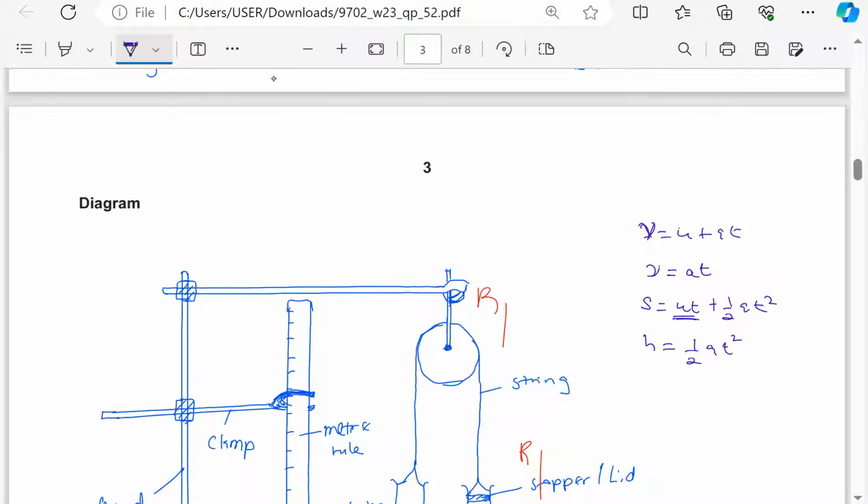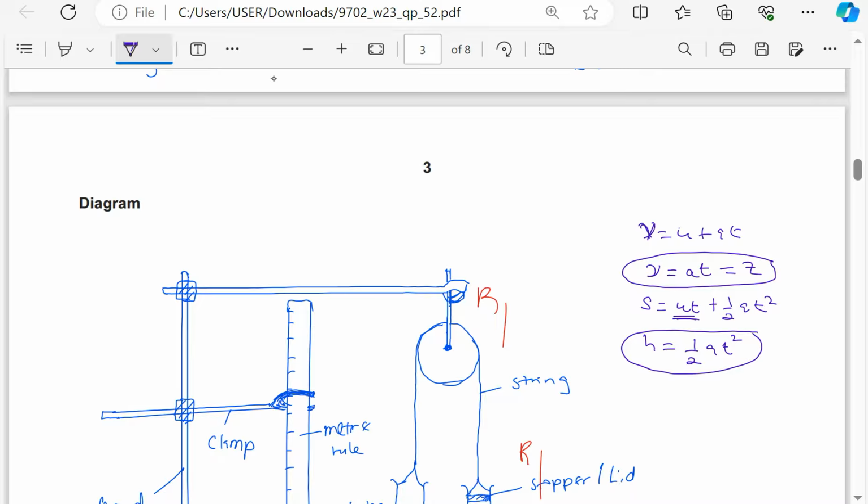Remember v was z, because v is the speed with which it hits the ground. So z is equal to at, but we don't want acceleration in our equation. So I have to combine v equals at, which is the same as z, with h equals half at squared.